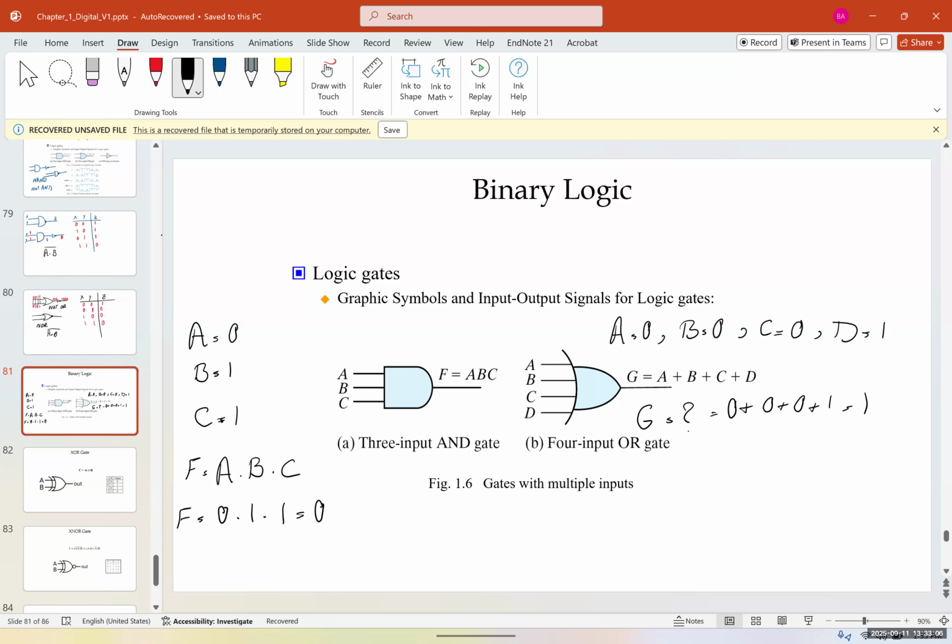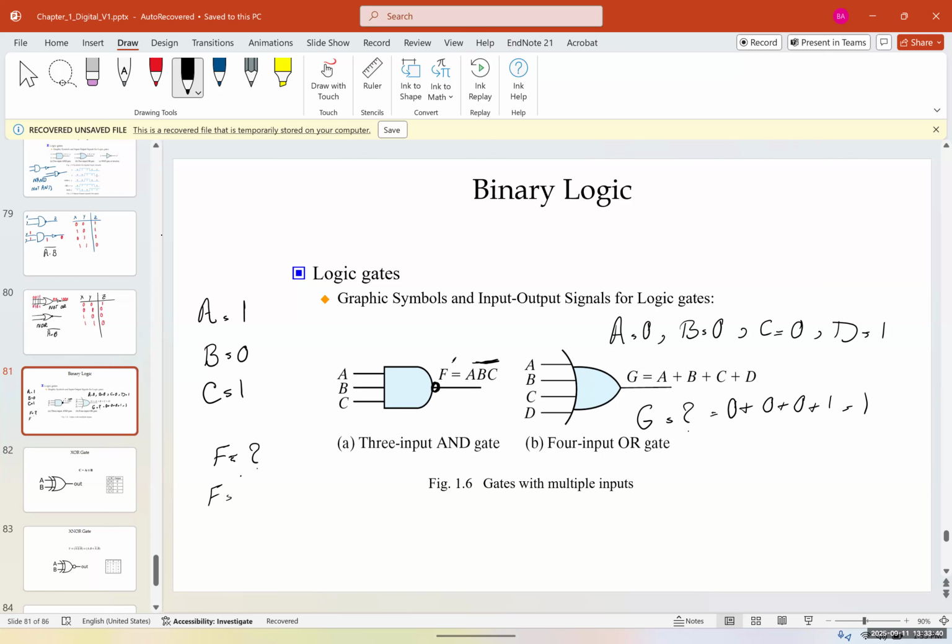Is it clear? Yes. What if I have the AND gate with 3 inputs, but I add a NOT gate at the end and I create a NAND gate? So now it looks like this. And what if A is 1, B is 0, and C is 1? What would F be? And basically, this is actually F prime.